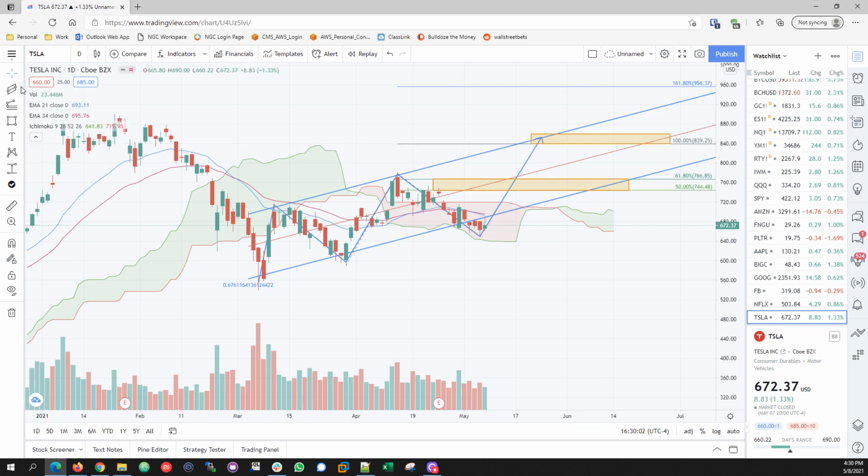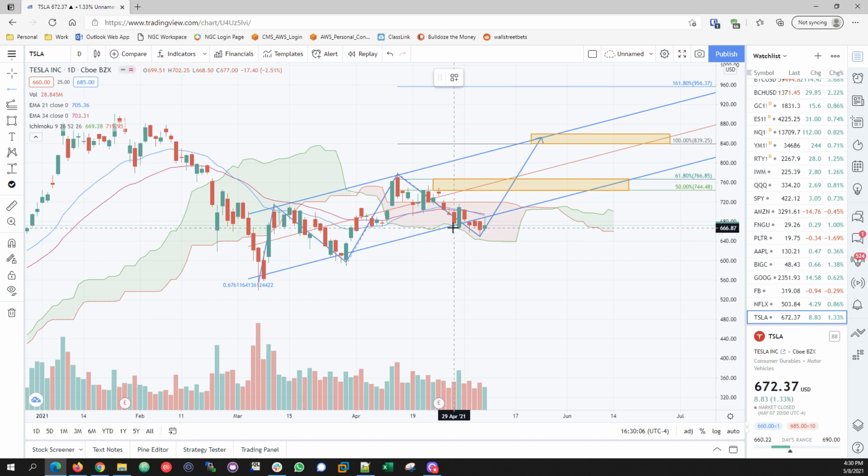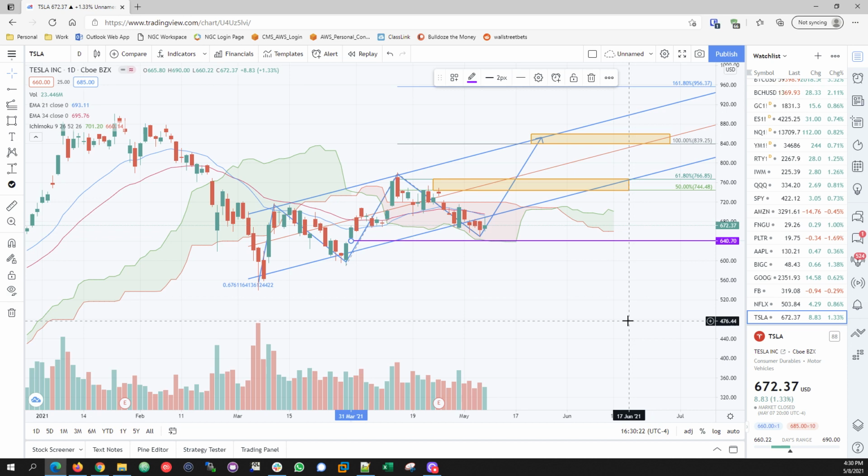Where would I put a stop loss? If you're an investor, I don't care about stop losses. If you're investing in the company, I wouldn't care. If you're doing tight swing day trading, then of course tight stop losses are your friend. I would say 640 would be my stop loss.